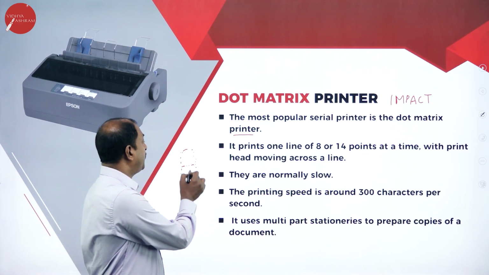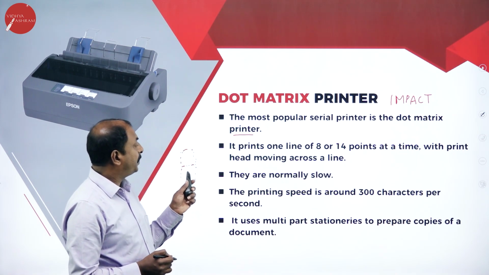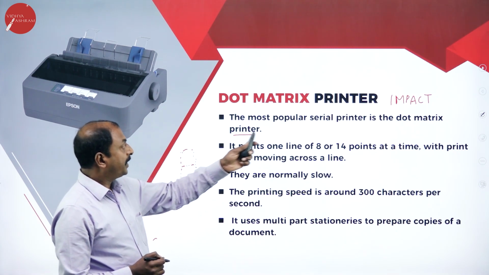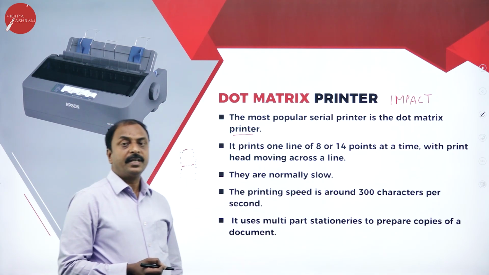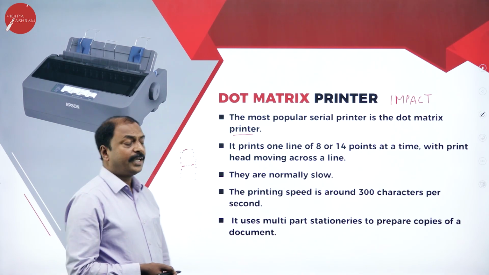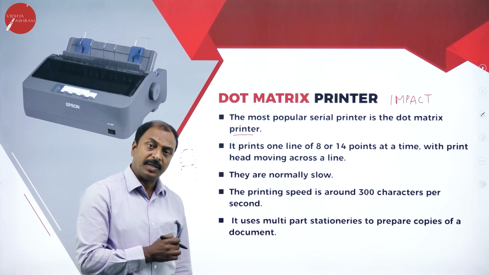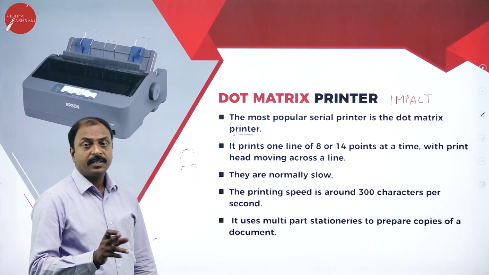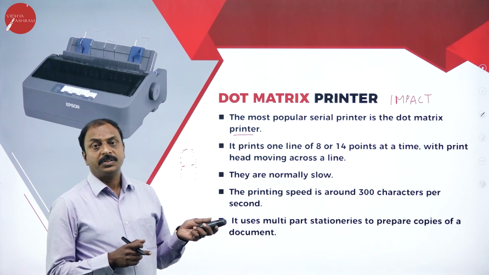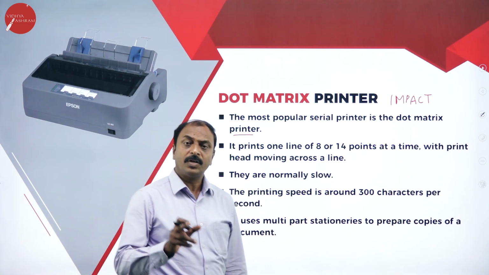If the distance between two dots is very large, then we are not able to get a quality printout. So if we want a good quality printout, the distance between the two dots must be minimal. If you see the printout of a dot matrix printer, you can make out that all the letters or characters are made up of a number of dots.